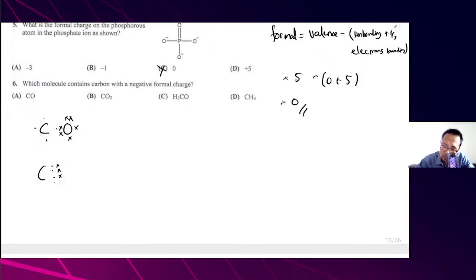Oh, no way. There is something wrong over here. The question is about the carbon. So carbon has 4, right? And then nonbonding is 2, plus half the bonding electrons. It looks so weird.